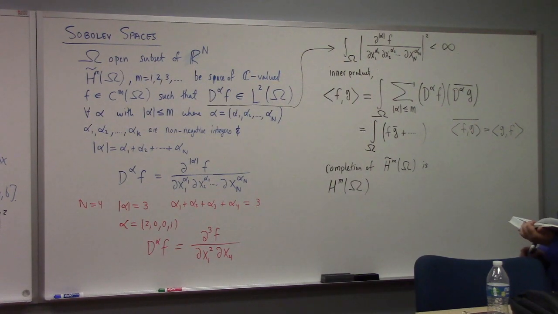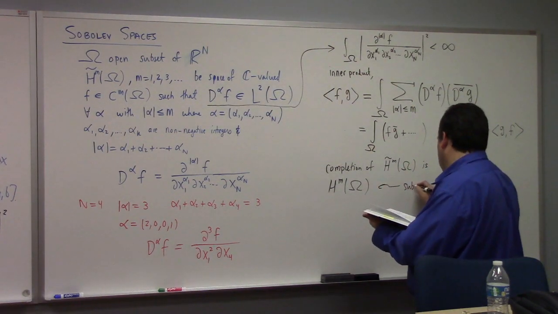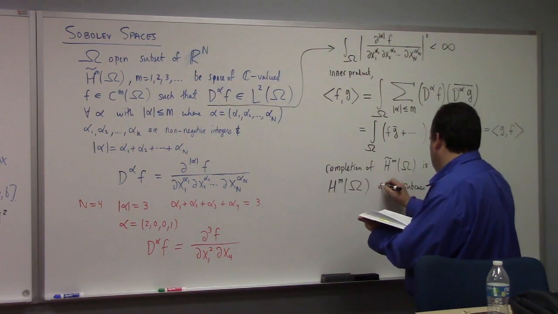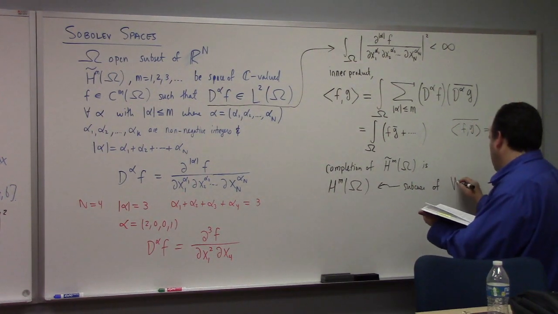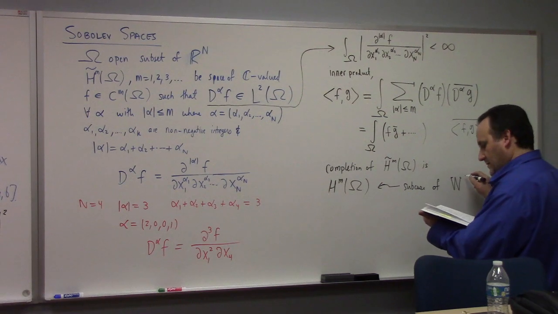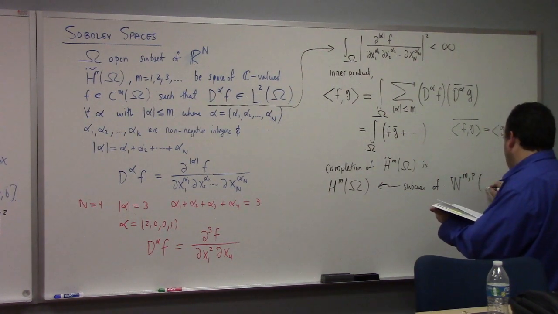And he says this is a particular case of a general class of spaces. So this is a subcase of the general notation W m comma p omega.